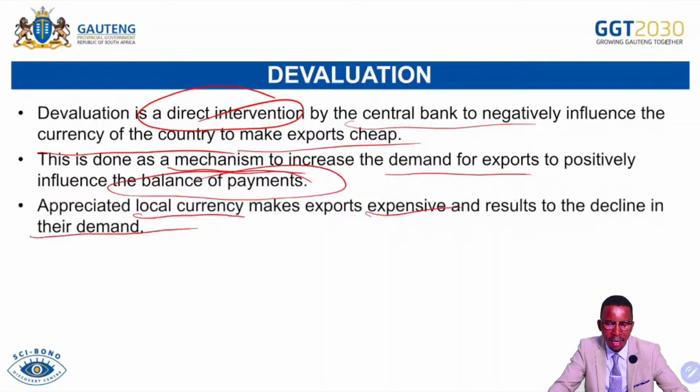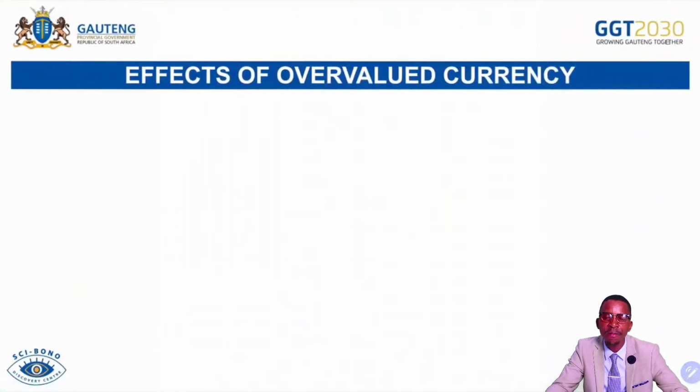So if our currency is strong or appreciated, exports will be expensive, then there might be a decrease in the demand for those goods. That's when the state intervenes by devaluing the currency to make our exports affordable, so that our local firms can experience a better situation in the global market, whereby our goods can be demanded, compared to when our goods are not demanded abroad because they are too expensive.